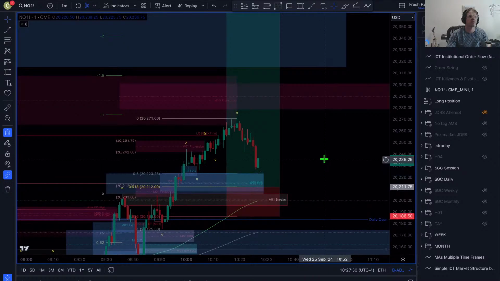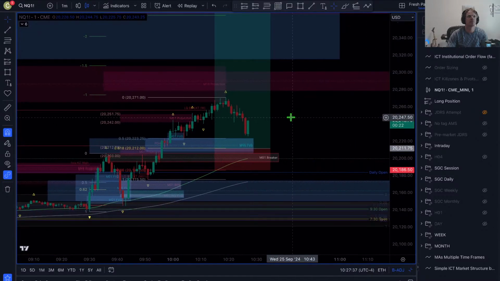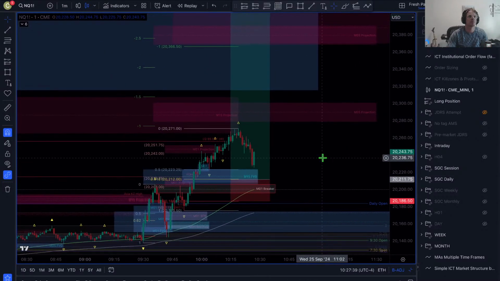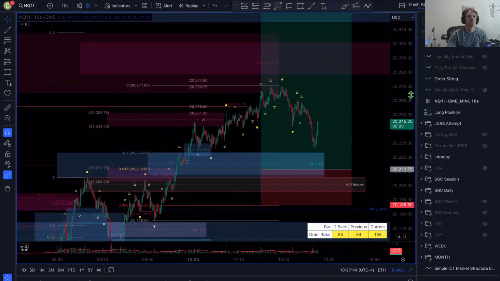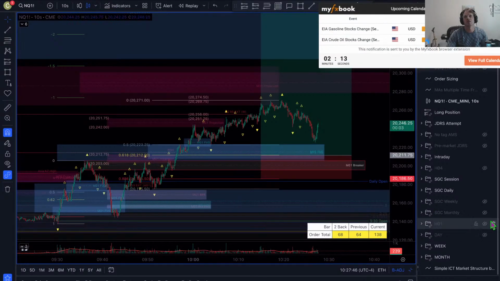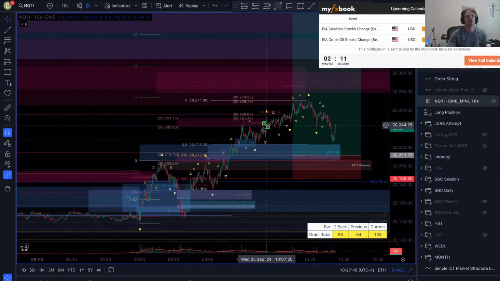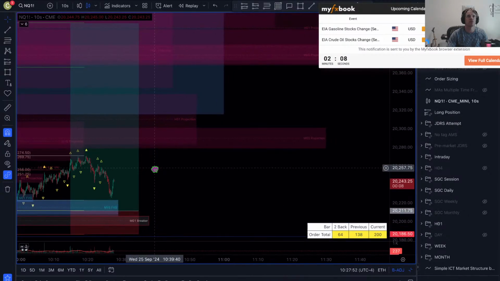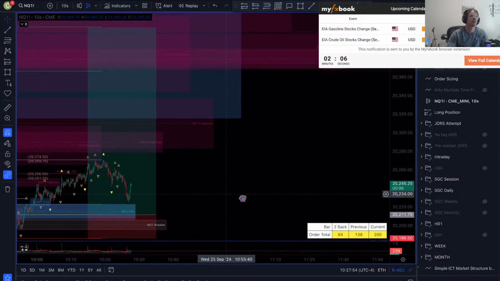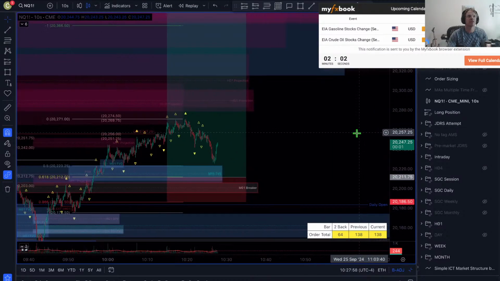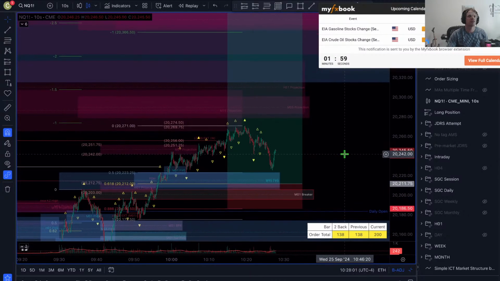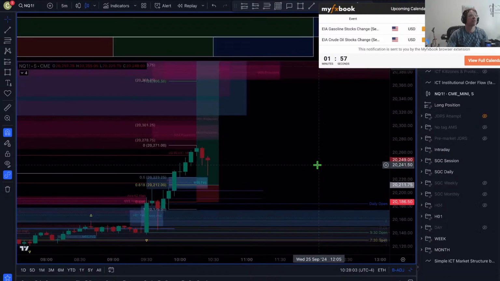So that grabbed a lot of that liquidity right there. What I also like is that we have not hit our H1 projection to the upside. Our next H1 projection that hasn't been hit yet is at 283. So this is coming off an M15 projection without having hit the H1 projection.